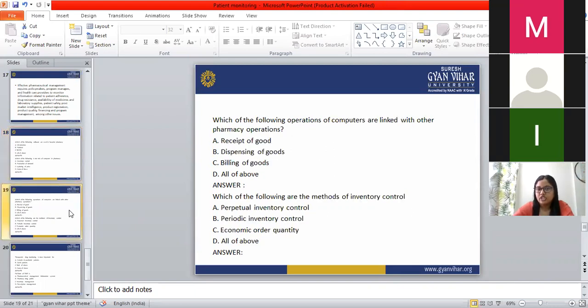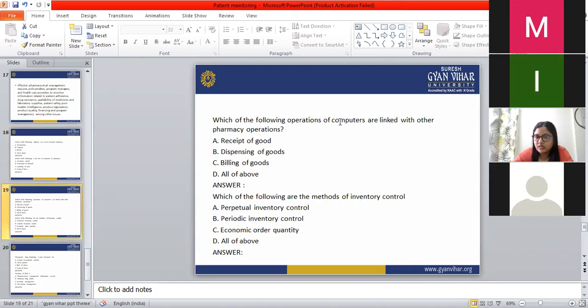Next is, which of the following operations of a computer are linked with other pharmacy operations? Who knows the answer? All of the above.